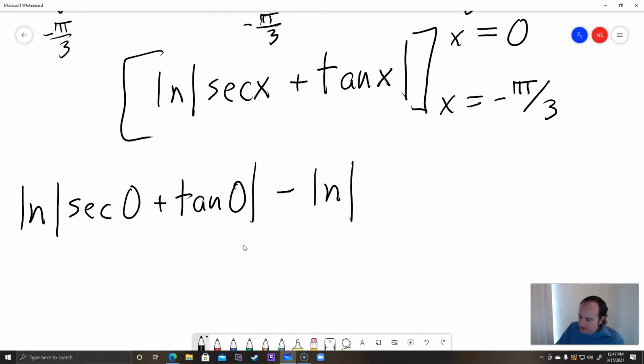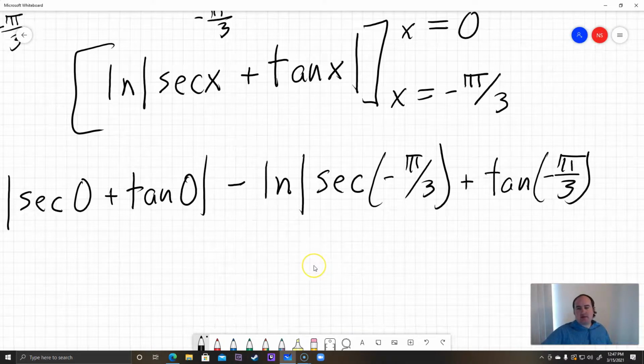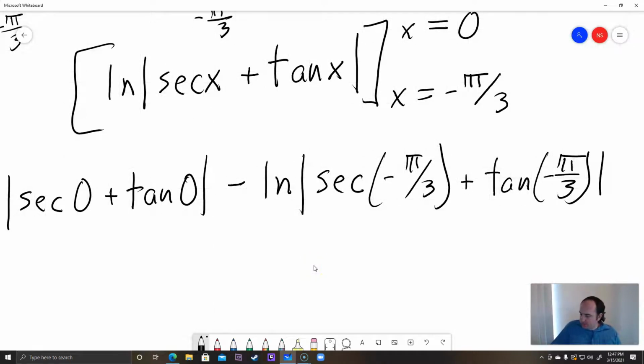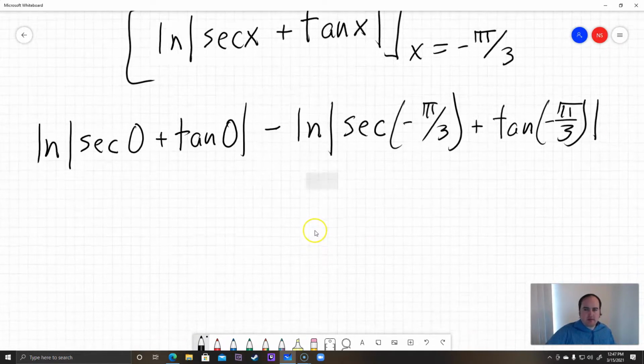So that's going to be minus ln of absolute value of secant of negative pi over 3 plus tangent of negative pi over 3. All right, and that one also has an absolute value inside of the natural log. So that way we won't have to worry about having negative numbers. Those are all going to be positive.